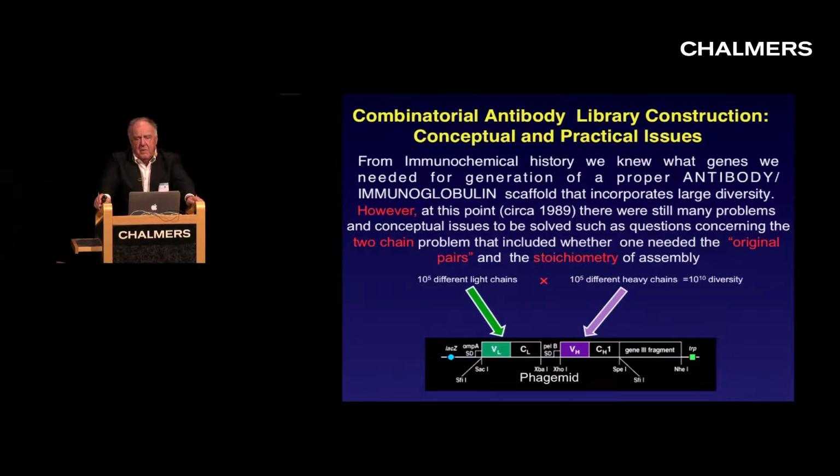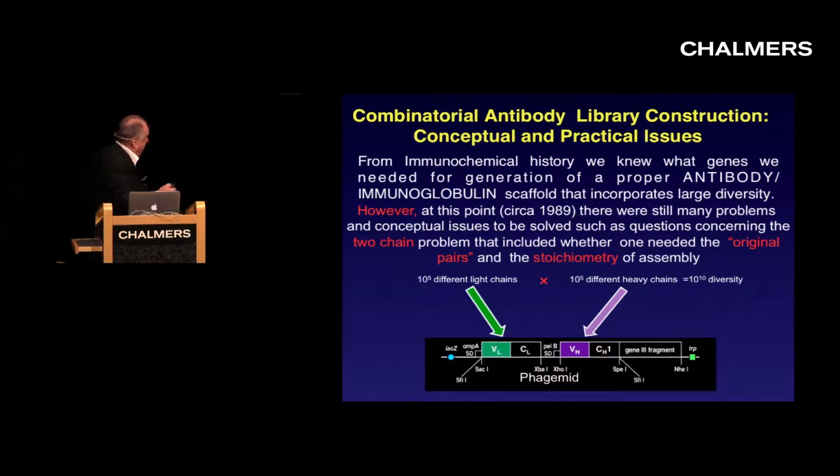And the two-chain problem, sort of like Michael said earlier today, had some truth to it that it was in fact a problem, and some things that were wrong about the concept. And one of the real problems was, the question was, how do you associate these chains in very, very large numbers without getting some sort of scramble, okay? That was a real problem.